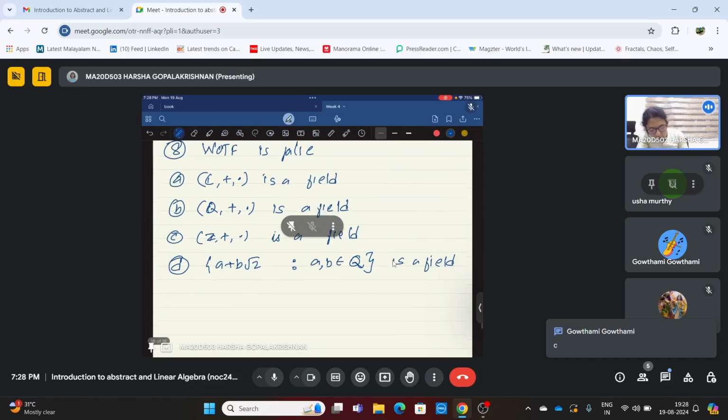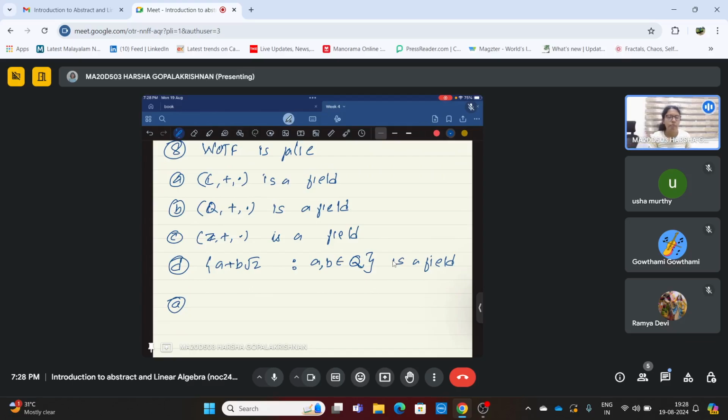I can very quickly say about A. For A, what we got, C plus will be a group. That is the very trivial thing to do. And C dot will be a semigroup also. And we have 1 as the multiplicative identity. And also multiplication is commutative.